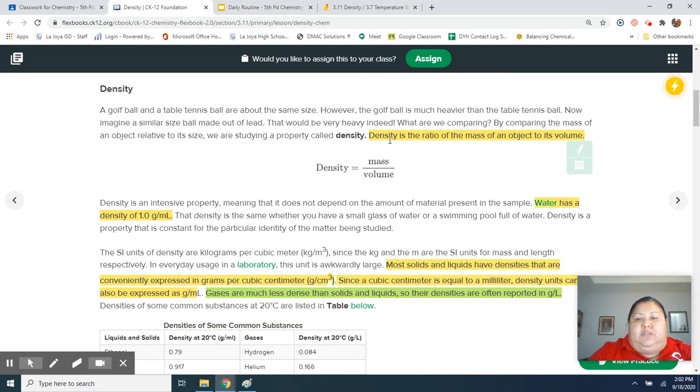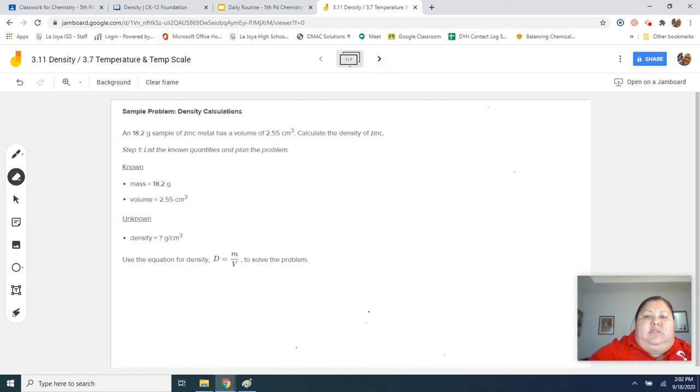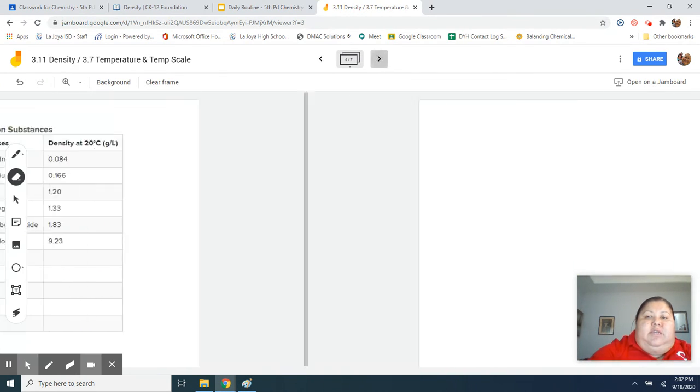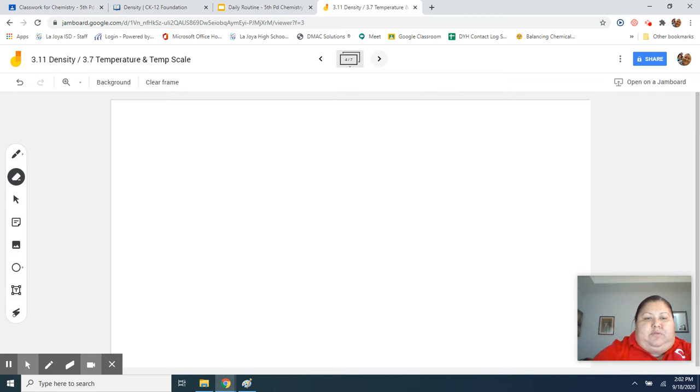What is density? Well, density is a ratio that relates the mass of an object to its volume. And this is your formula. Density is equal to mass over volume. Now, let's talk about the units associated with each variable, okay? So first off, let's talk about density.